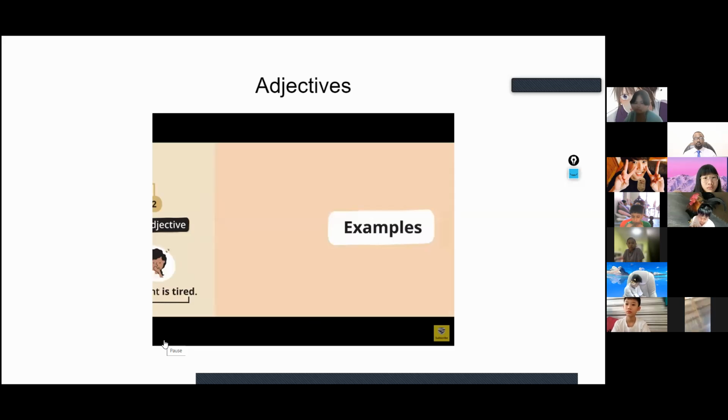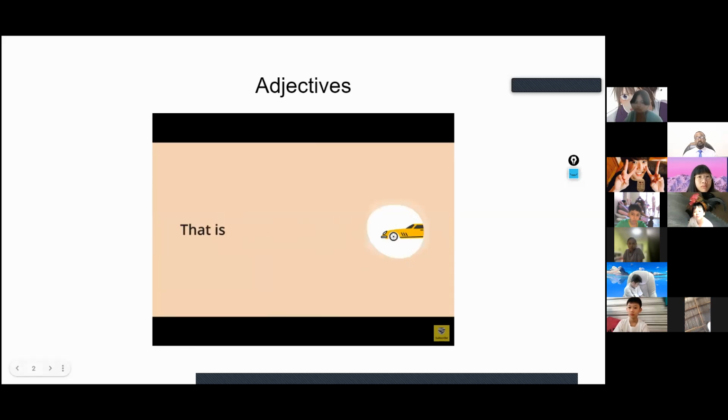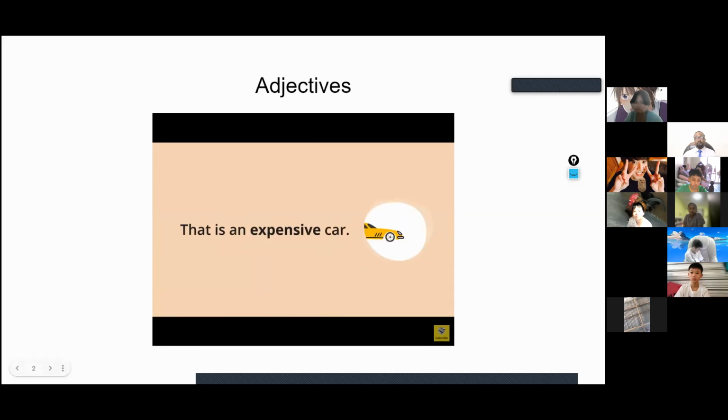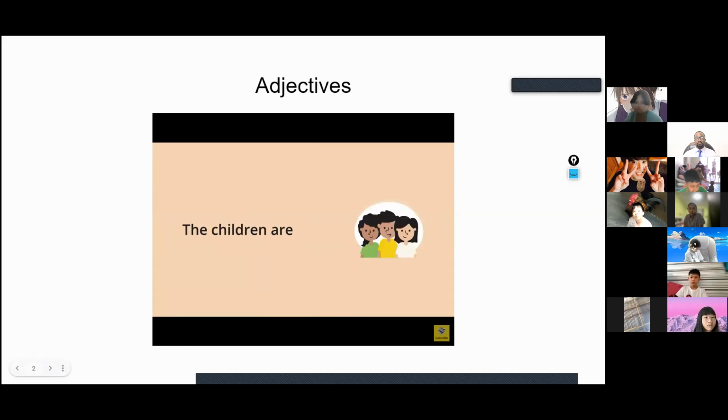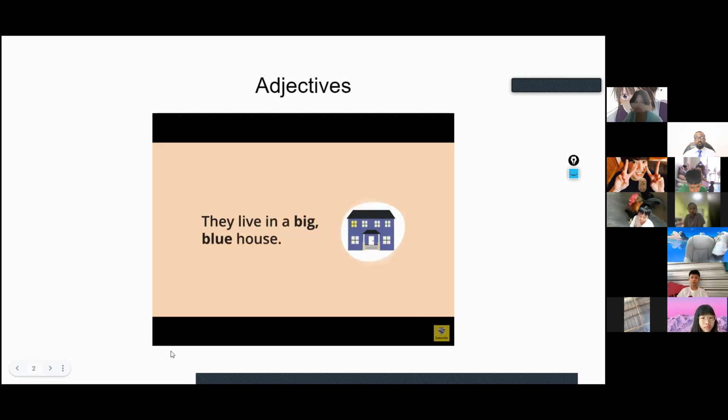Let's look at some more examples of adjectives in a sentence. I see a small mouse. That is an expensive car. The children are happy. The pasta is delicious. They live in a big blue house.